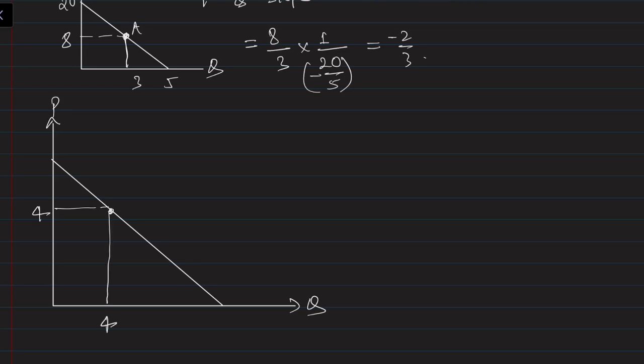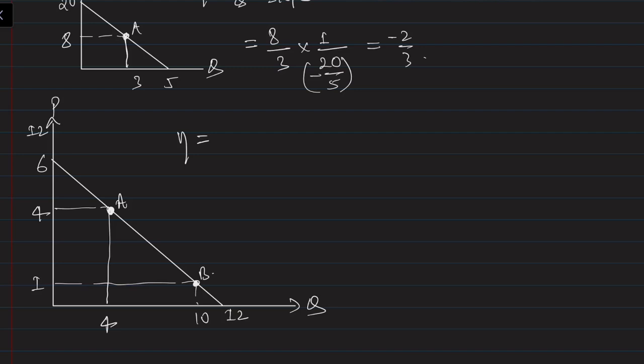Quantity is also 4. Let's take one more point. Say price is 1. Quantity is 10. And this is 12. This is 6. And let's say the highest value is 12 again. Okay. Now let's find out the elasticity at these two points. Let's say this is A, this is B.